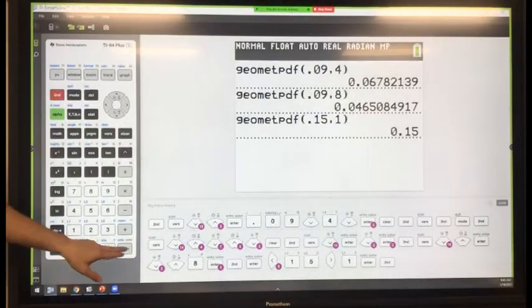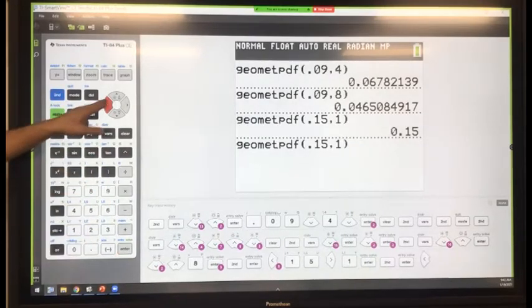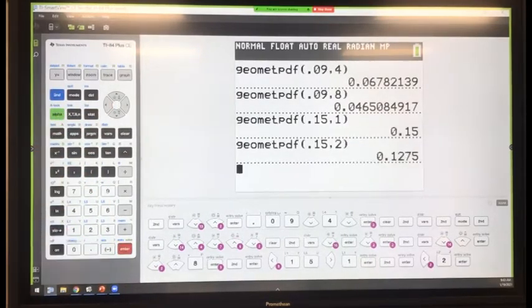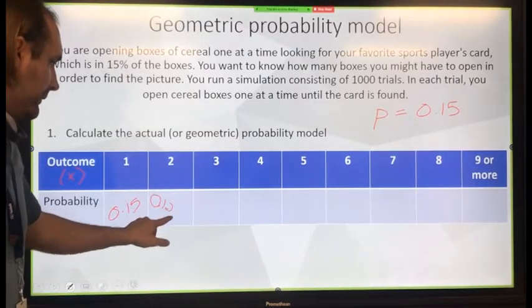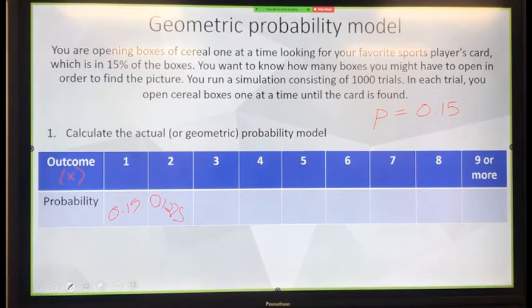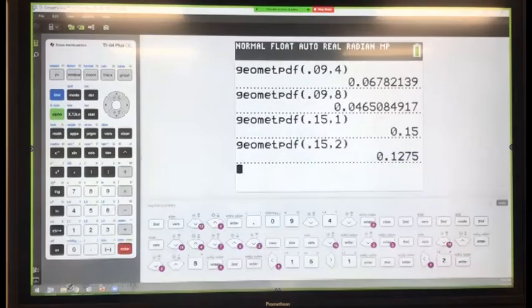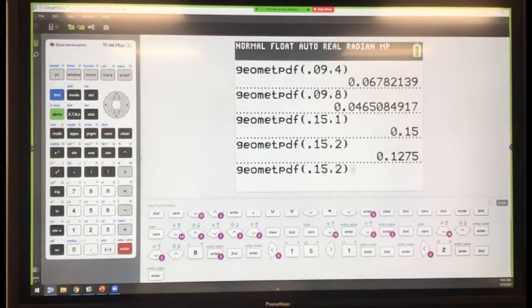Next, what's the probability that I find the card on my second box? After the first box failed, what's the probability of the second box? Here, 0.1275. So about 13%. Next, again, second enter.